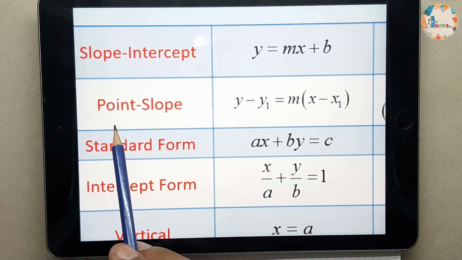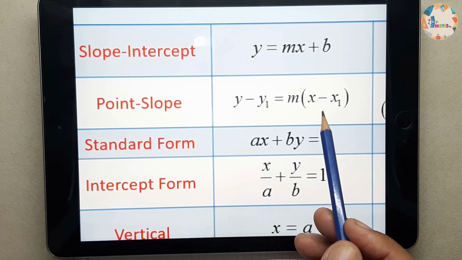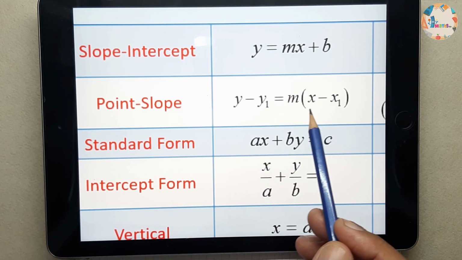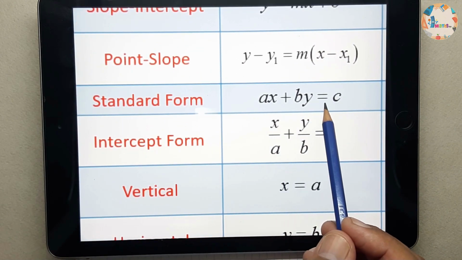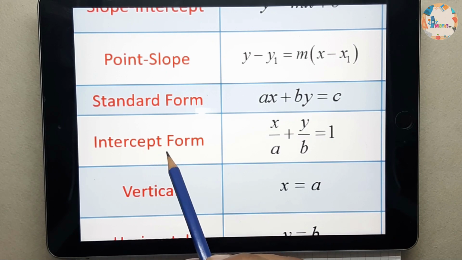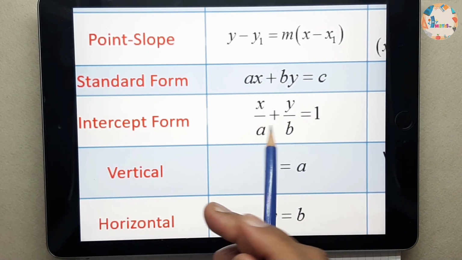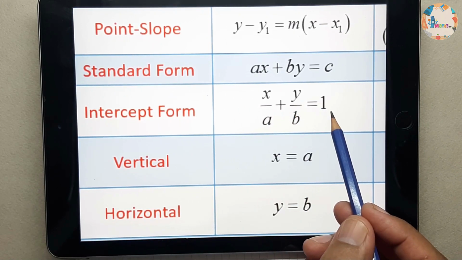The next type of equation is point slope form. So we are utilizing one point and the value of slope or gradient to write this equation. Then this is standard form, ax plus by is equal to c, and intercept form, x over a plus y over b is equal to 1.